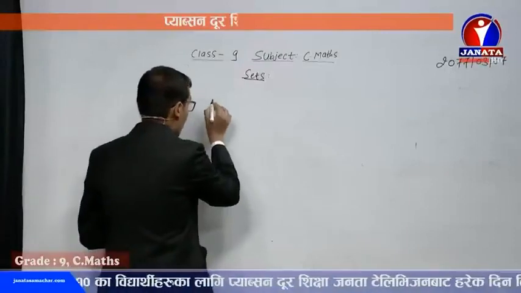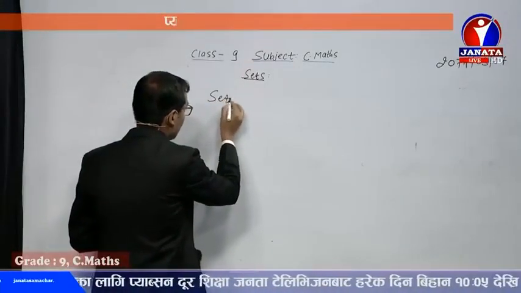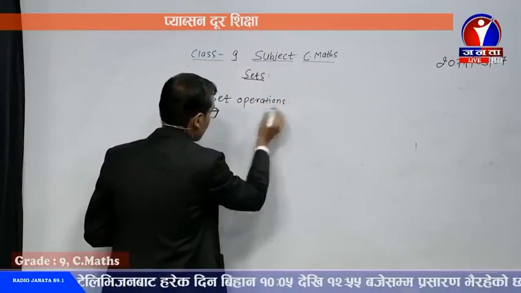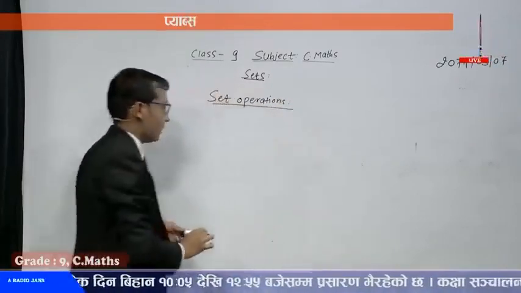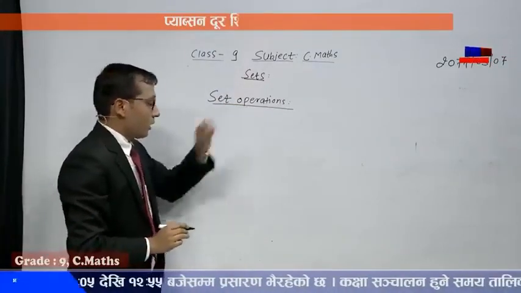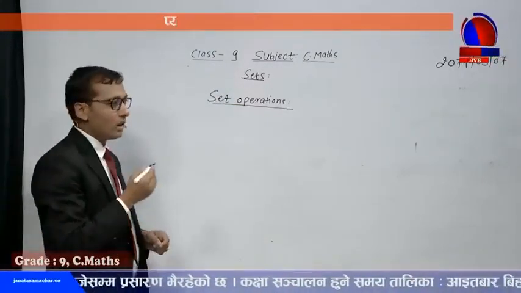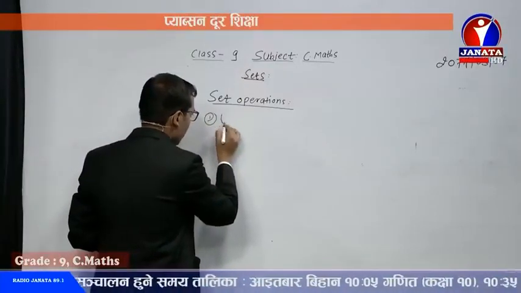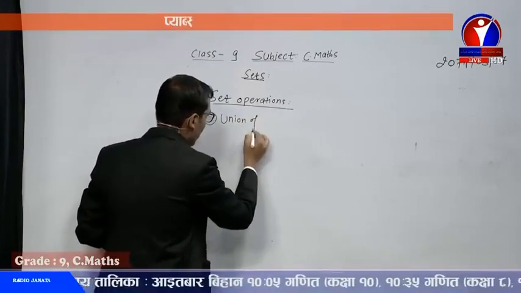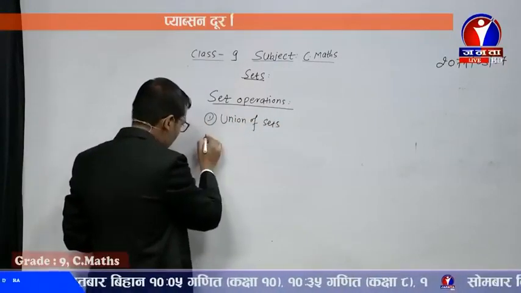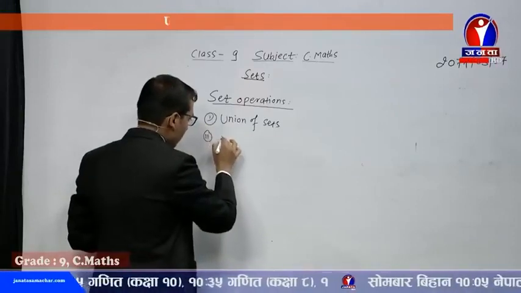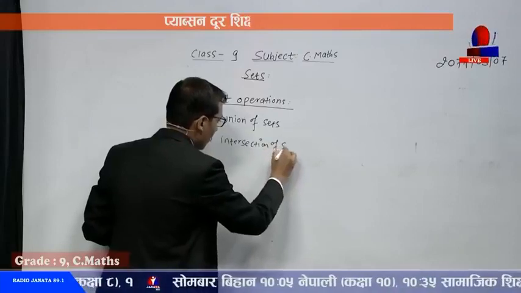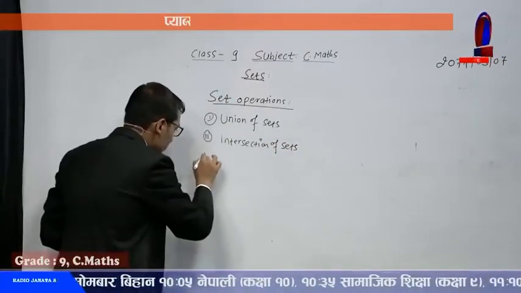First is set operations. Okay, so what are the set operations? Let me write the first one, union of sets. Second is intersection of sets.